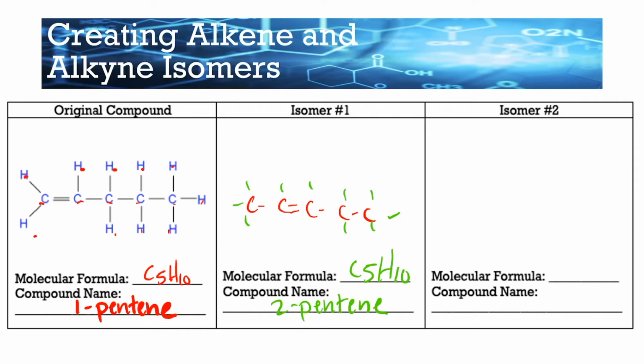Now, if I draw something that looks like this, 1, 2, 3, 4, 5. Now all of my H's will be in blue. 1, 2, 3, 4, 5, 6, 7. Actually, let me do it like this.